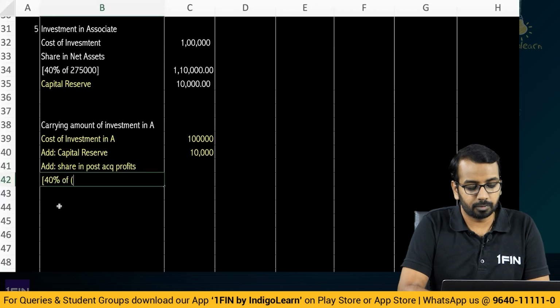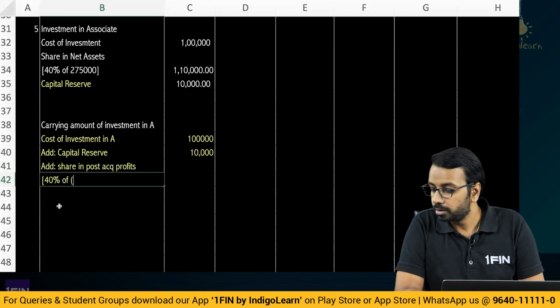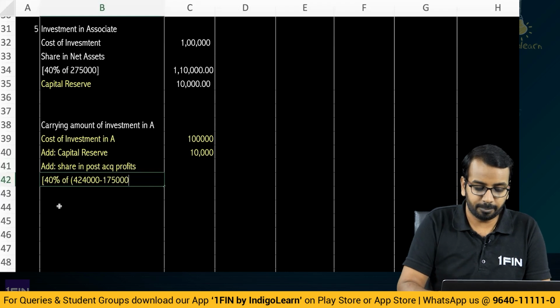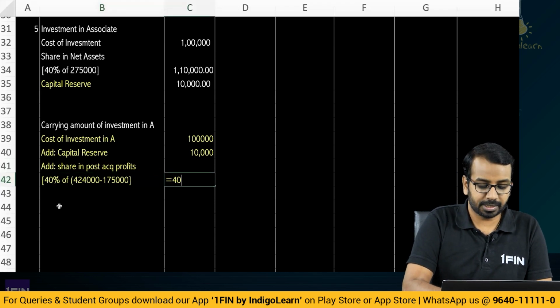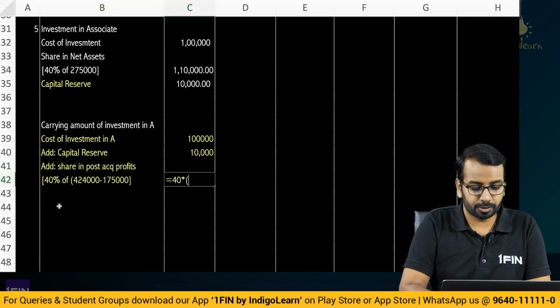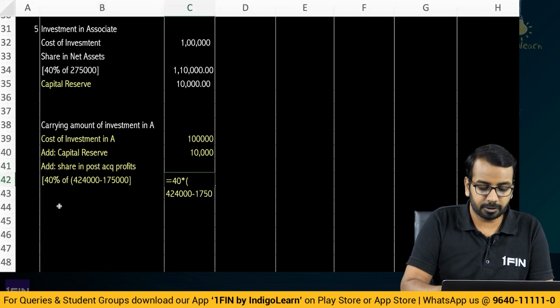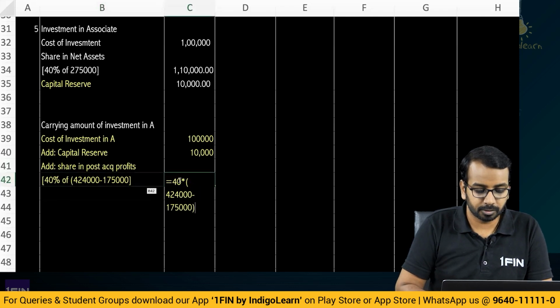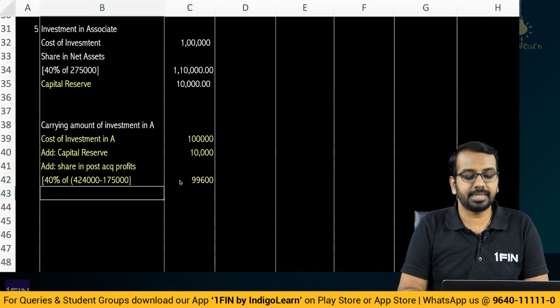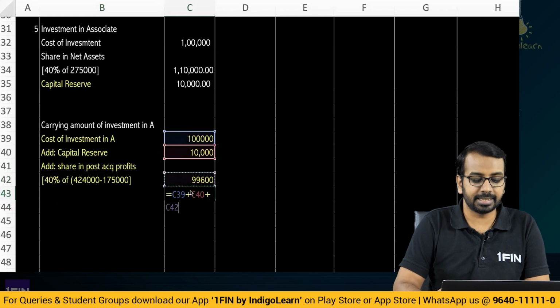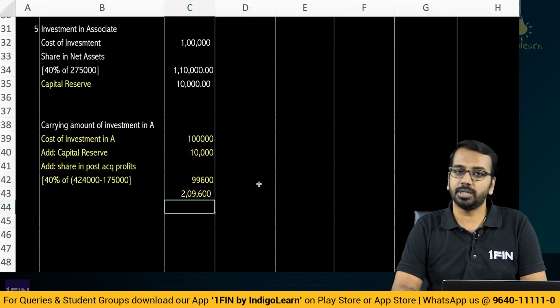Or you can say 40% of 424,123 minus 175,123, that is 99,600. Okay. So, the total comes to 1 lakh plus 10,000 plus 99,600, which is 2,09,600.